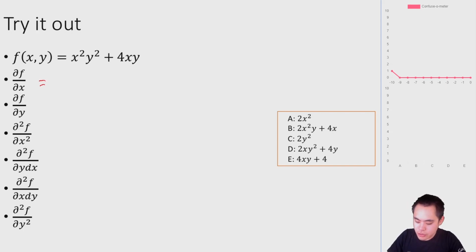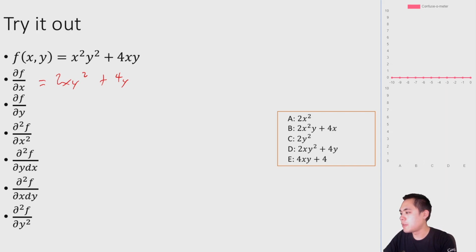Here, you're just taking the derivative with respect to x, and so this is 2x y squared plus 4y. Okay, yep, it looks like we have a lot of responses coming in. Yes, it is indeed D. Let's reset. And let's say the next one.